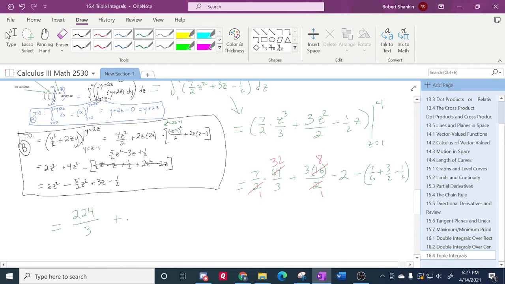You all can check, see if I'm making any mental errors. Plus 24 minus 2 minus, and then over here, 3 halves minus 1 half is 1. 7 6 plus 6 6 is 13 6.